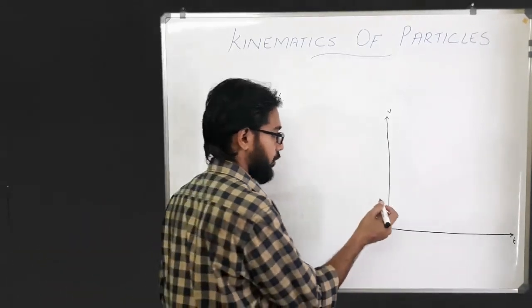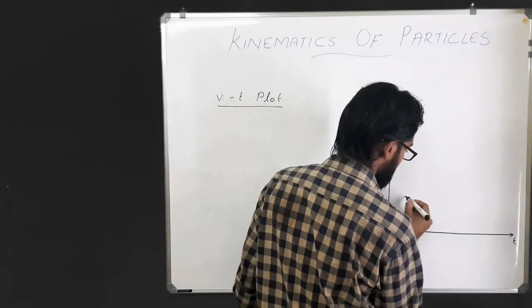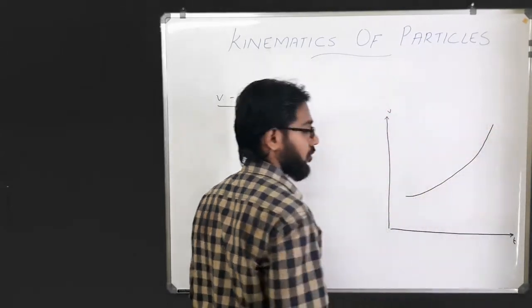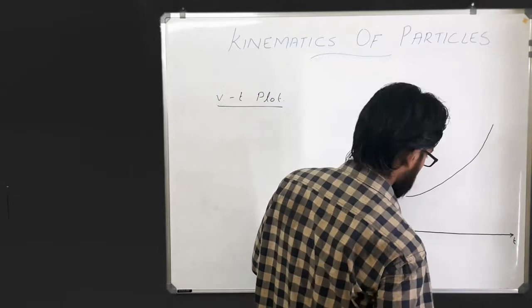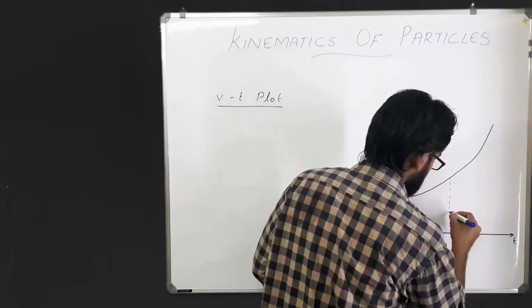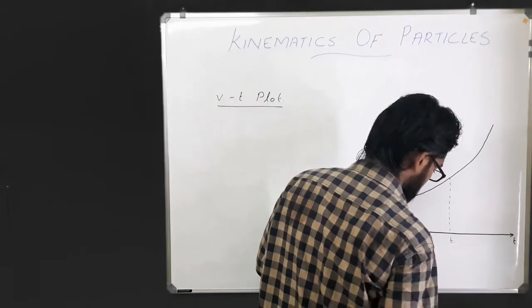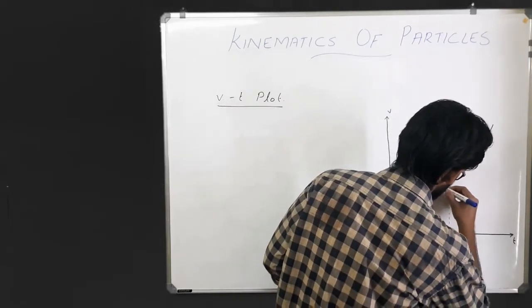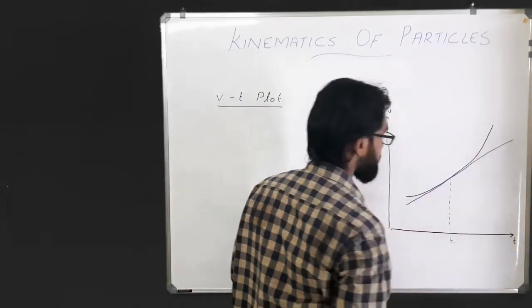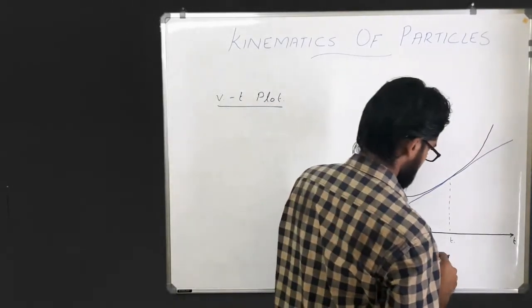Now suppose I have the corresponding velocity-time graph somewhat like this. Here also I take a point t and I draw the corresponding tangent at that particular point.